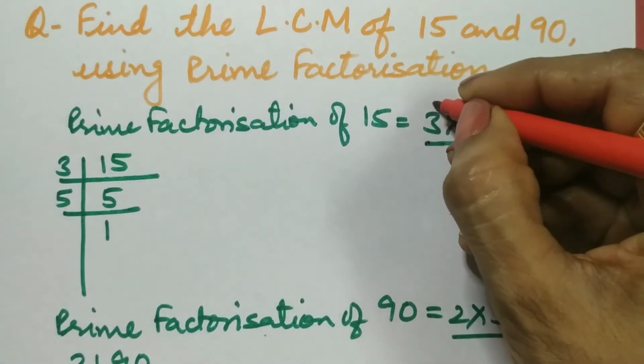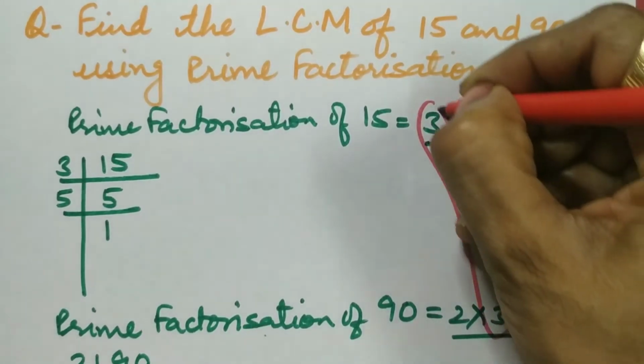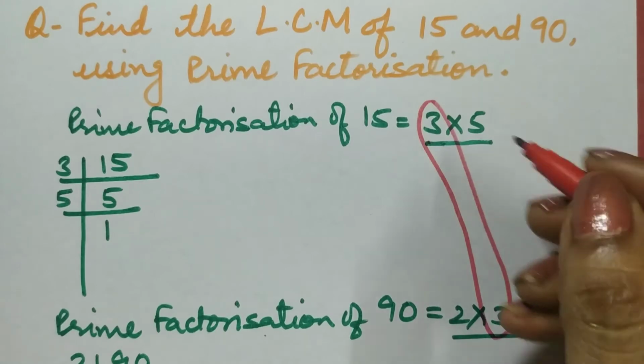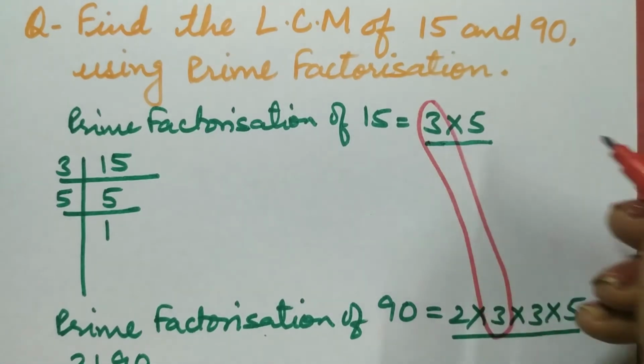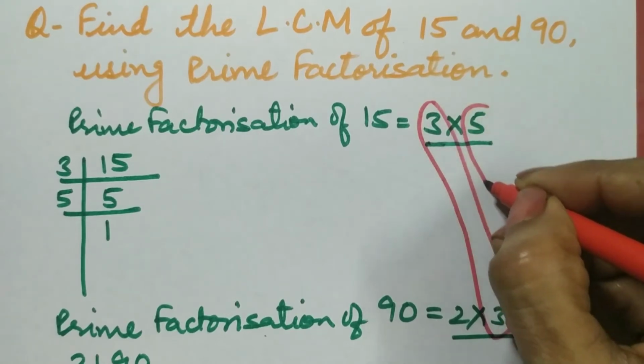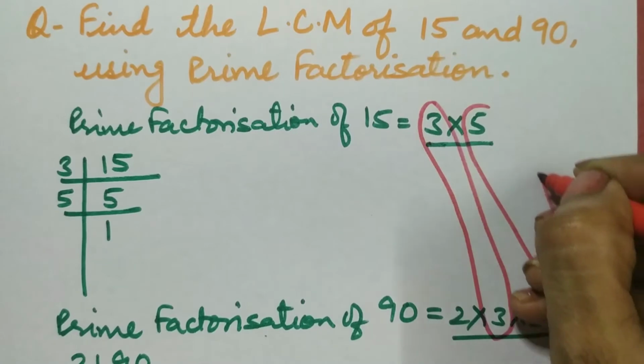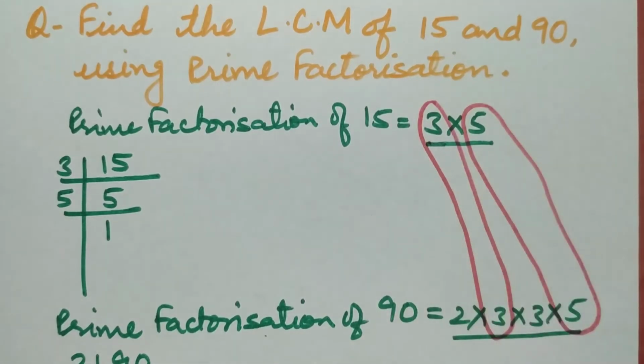So make a group like this. Okay. Now next is 5. 5 is a common factor for 15 as well as for 90. So make a group like this. Now we are left with 2 and 3.